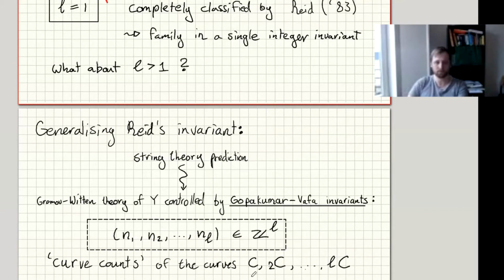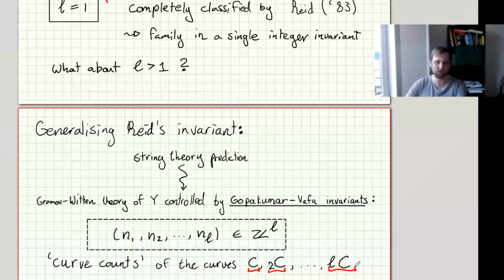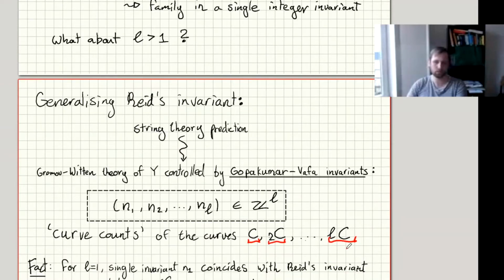And you get one integer for each of these curves I just mentioned. So there's a curve count in a way for each of these non-reduced subschemes between the curve and the full non-reduced fiber. Right, so these are just some sort of multiplicity.